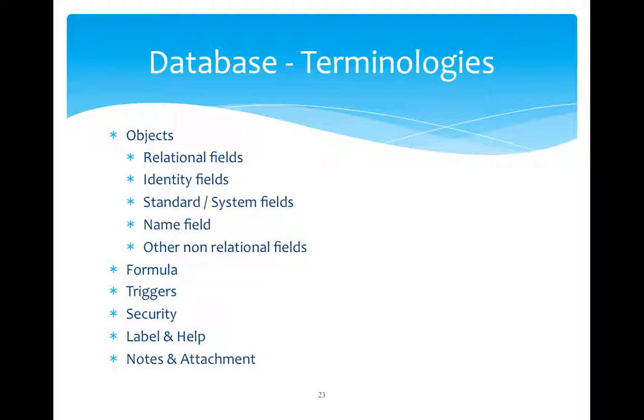There is another kind of field, the name field, which holds the name of that particular record. It can be an auto increment ID to identify that particular record. And you can also create non-relational fields like text box, checkbox, radio button, and so on.